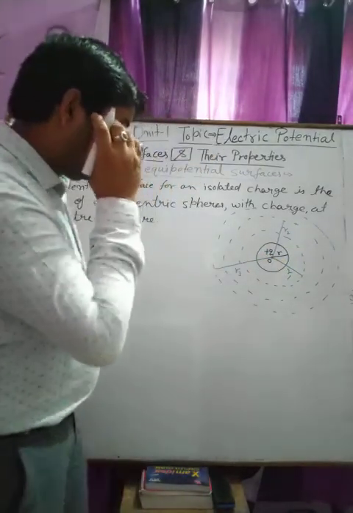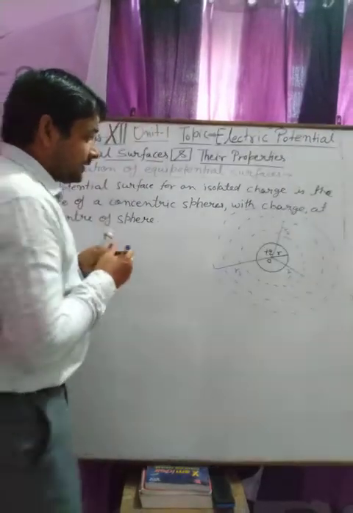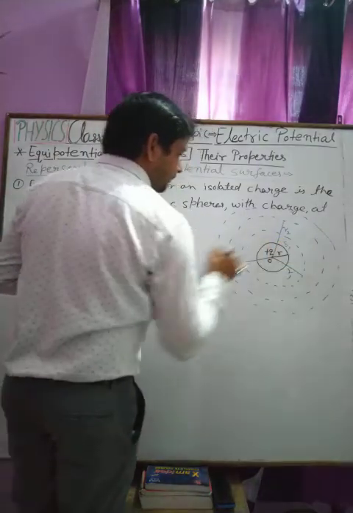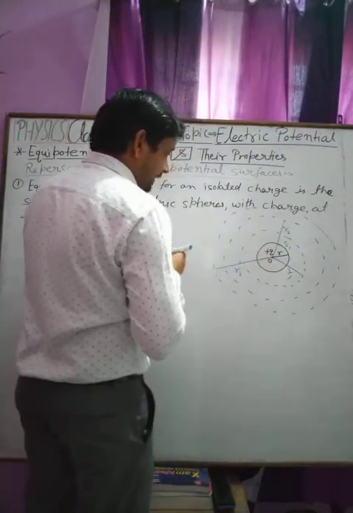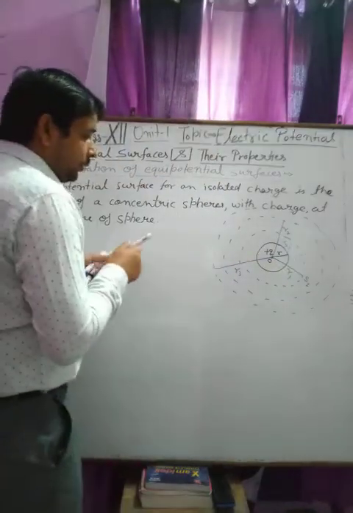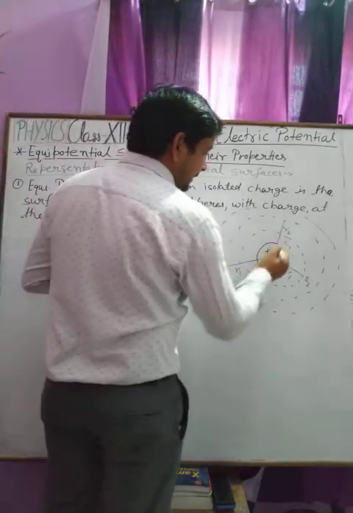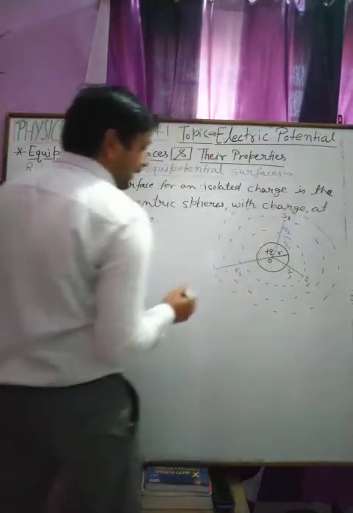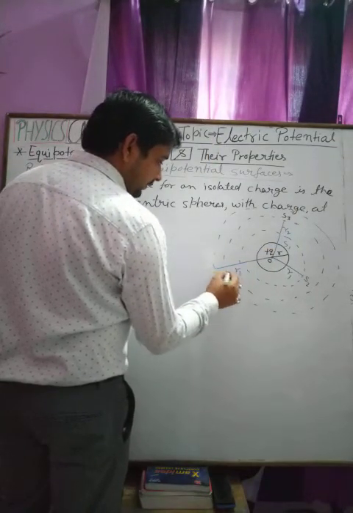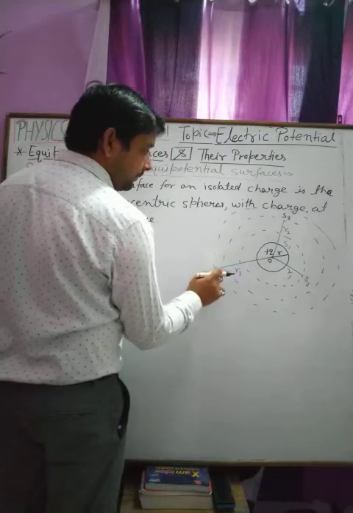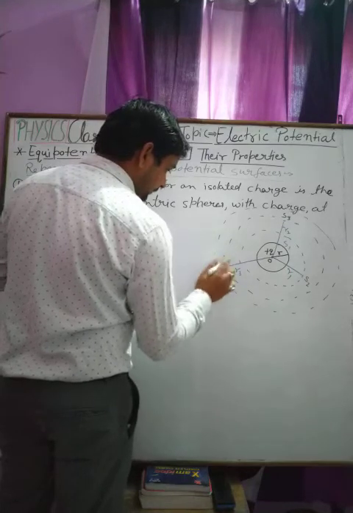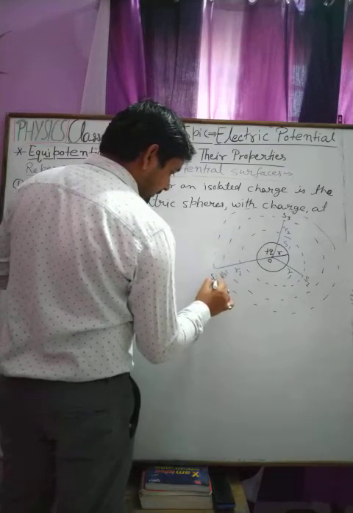That is, potential at distance r for the first surface, potential at a distance r1 for surface 2, potential at a distance r2 for surface 3, and similarly potential at surface S3 at distance r3 is this.